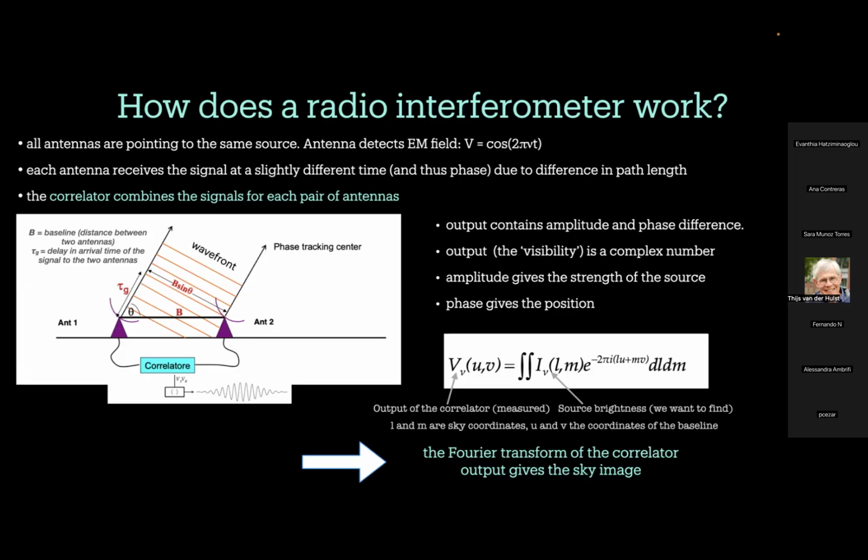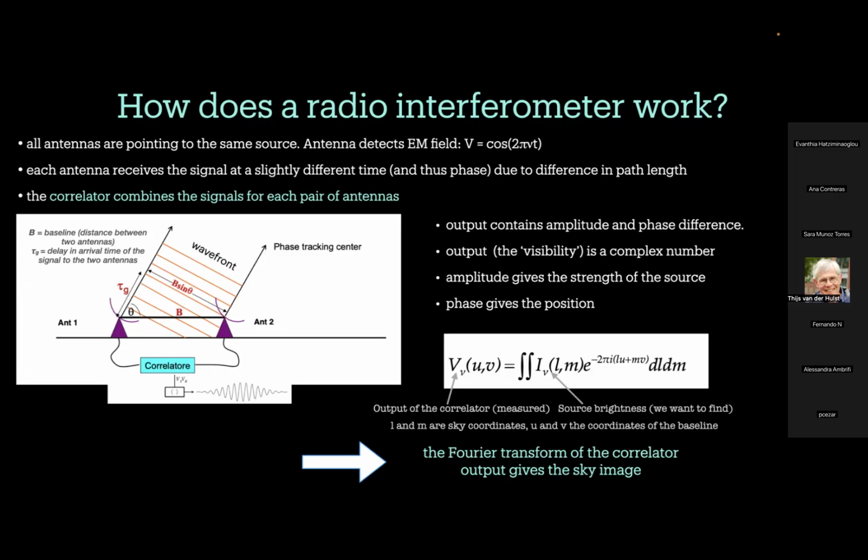And you could represent it in meters, but the standard unit of U and V is wavelength, because the natural unit of an interferometer is wavelength, obviously. So U and V represent the relative positions of the two antennas, not the absolute position, just the separation between the two antennas. And this is the space in which the telescopes, the dishes, live.